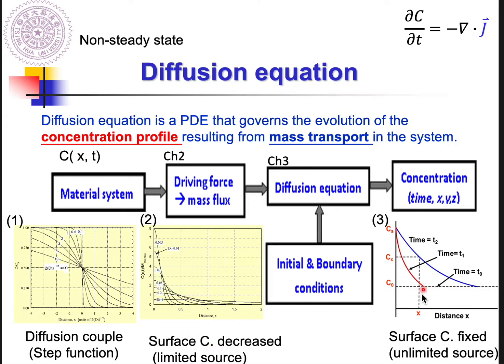And the third case, some people call it an unlimited source. The characteristic for this case is that the surface concentration of diffusing atoms is fixed. So for example, you have a second substrate and you continuously flow methane, serving as a carbon source.